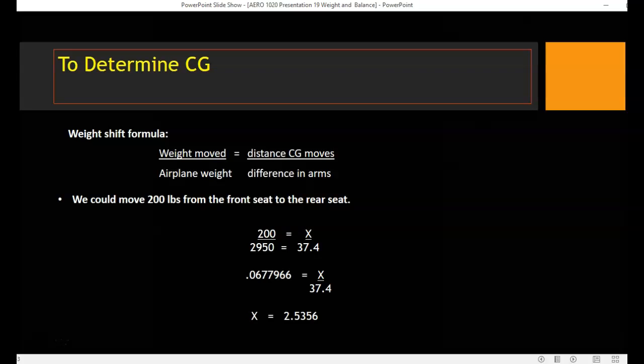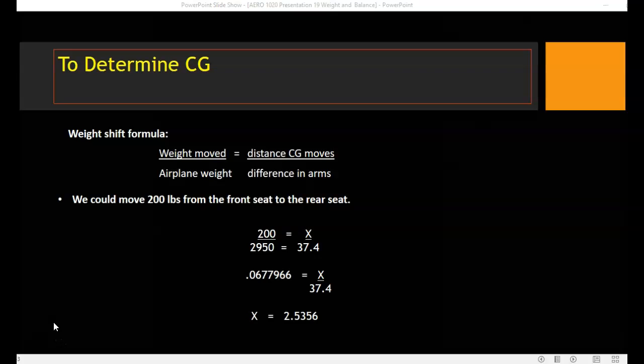Now we can solve for x by multiplying both sides by 37.4, and we get x equals 2.5356. So that would be the distance that the center of gravity would move if we were to shift 200 pounds from the front seat to the rear seat.